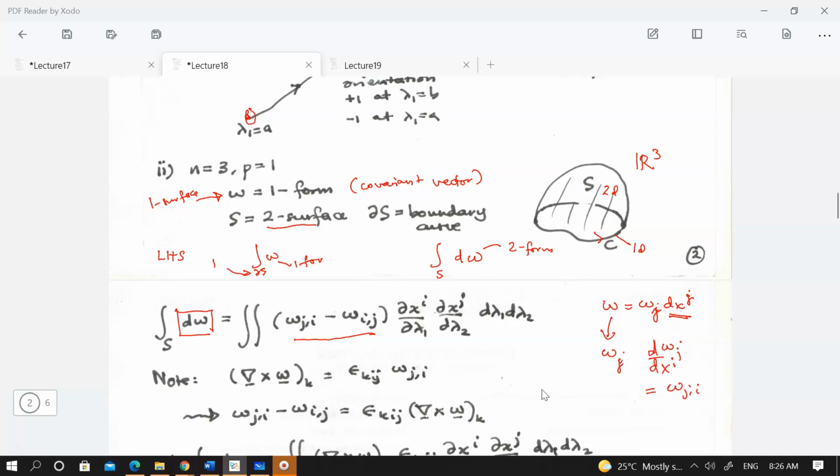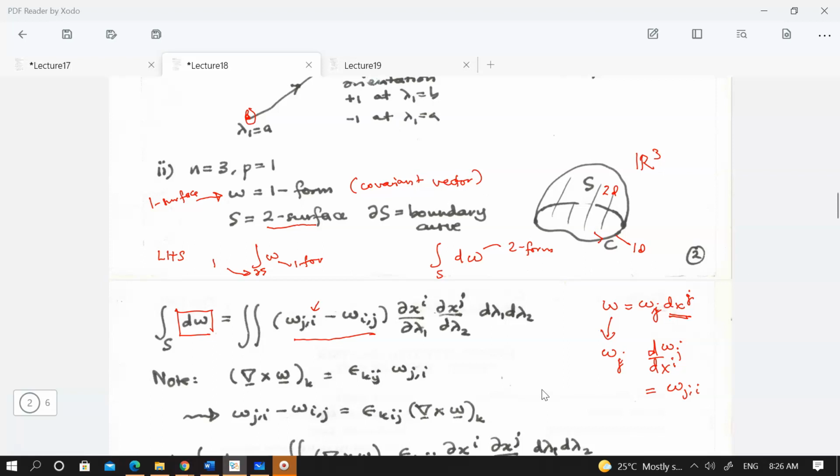Okay, and that will give you this anti-symmetrized object that involves these derivatives here. Okay, and that has to be taken into account with respect to the coordinates in the space. So in this case that will be R3.